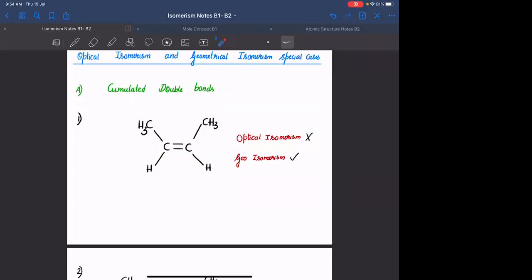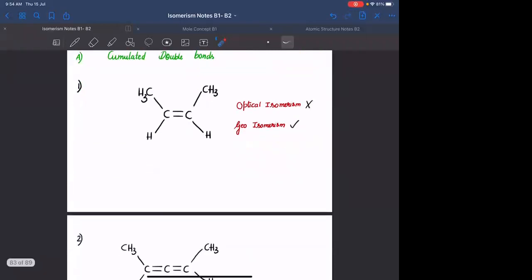It will divide the molecule into two equal halves. For planar molecules, you need not check optical isomerism at all. Is this clear? Okay. So there is no optical isomerism.